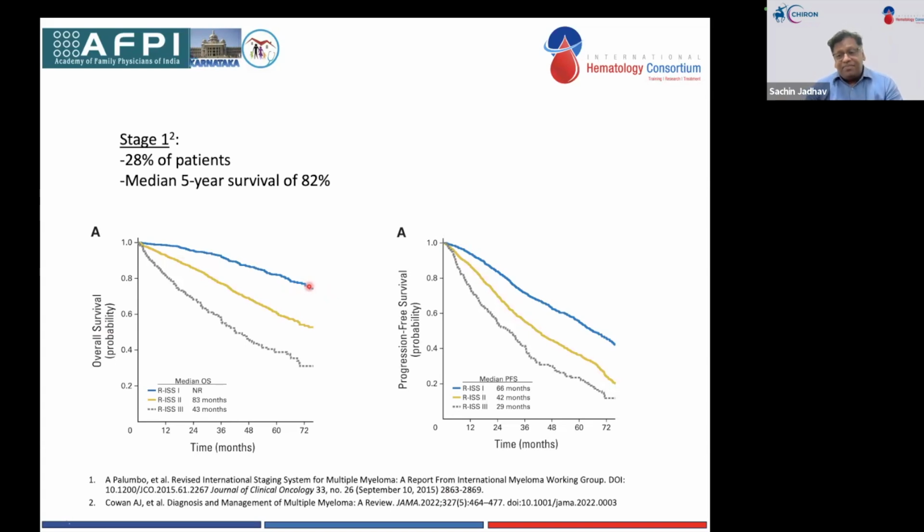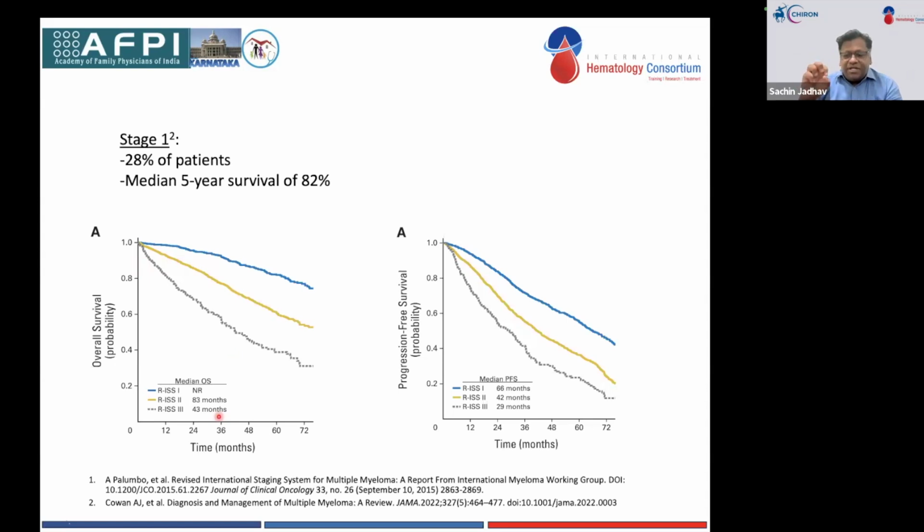So for that person, 5, 6, 7 years of life, cancer not coming back, is great. Okay. And if you look at RISS 3, then half of the patients are dead in 43 months. Not good. Not good. So prognostication is very important to tell the patient, hey man, don't worry.